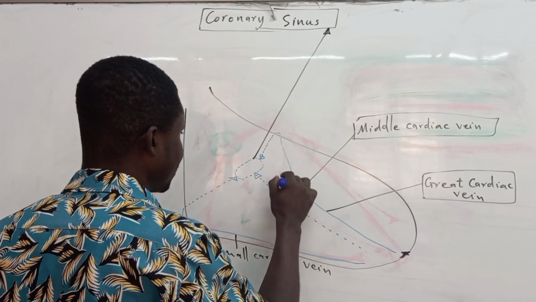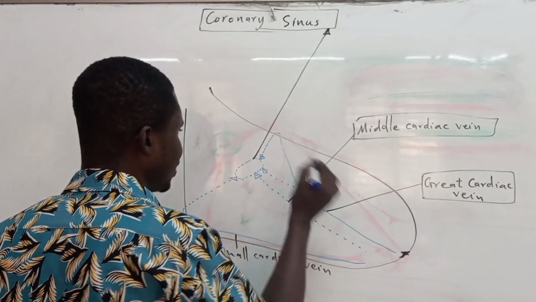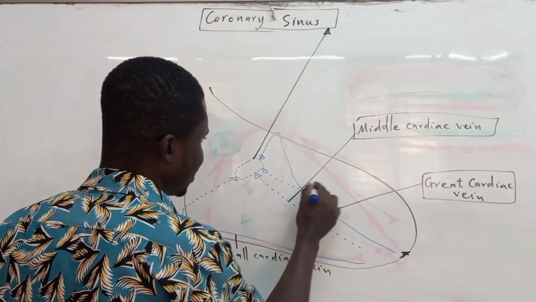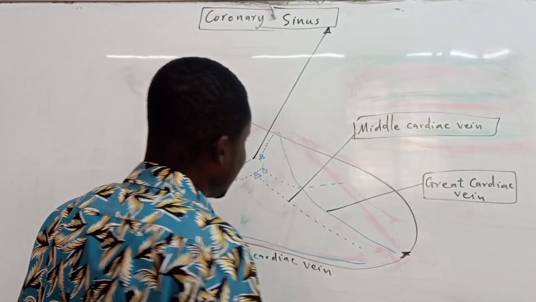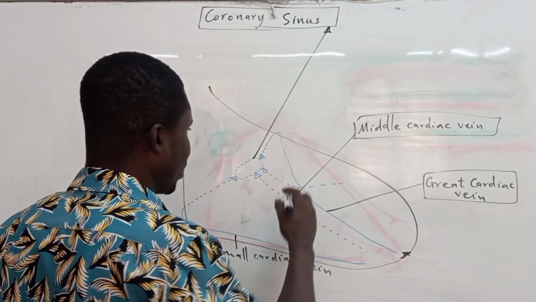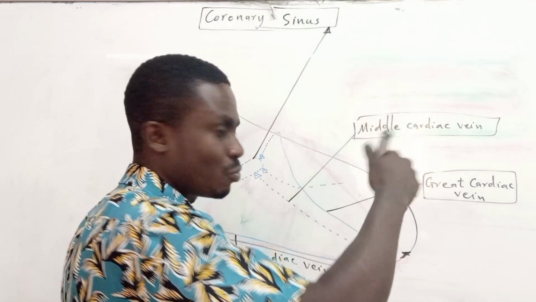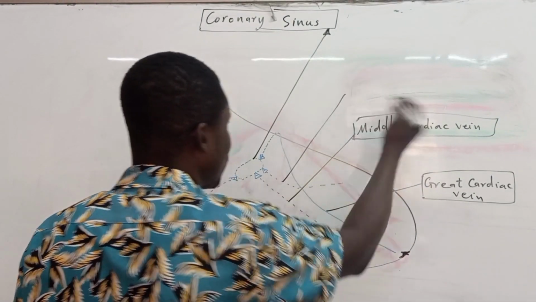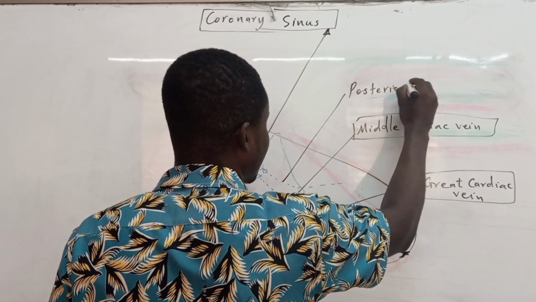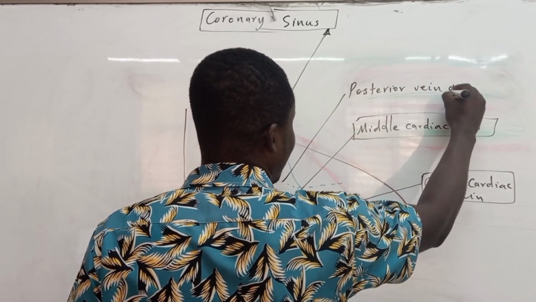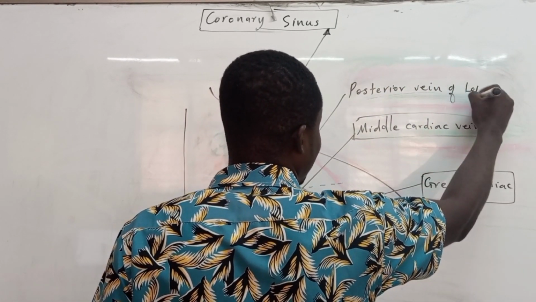Let me intentionally draw it like it's draining from the left ventricle. This vein is right in the posterior aspect, so we call it the posterior vein of left ventricle.